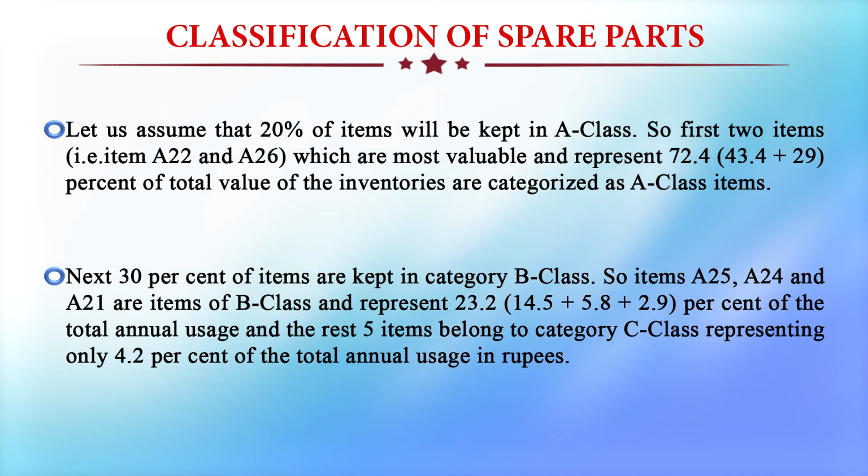So in this way we have to do the ABC analysis into A class items, B class items and C class items, depending upon their annual usage value and annual consumption value.